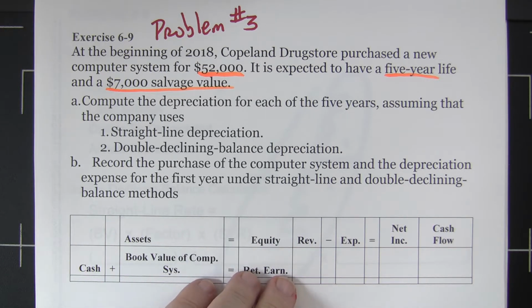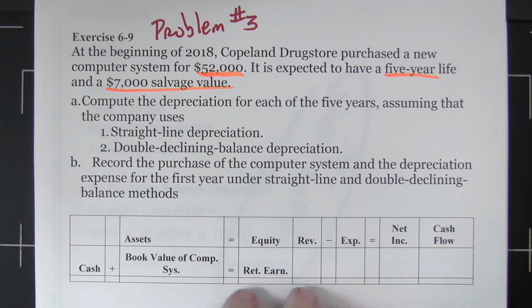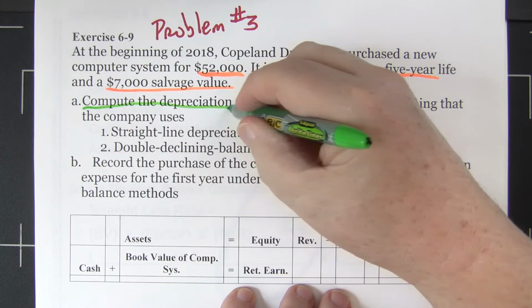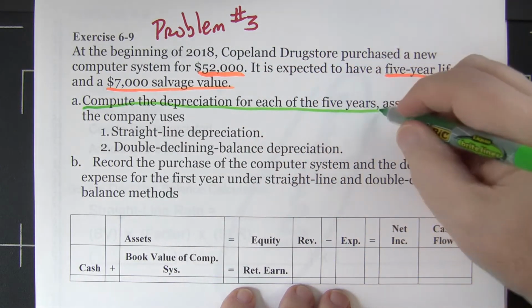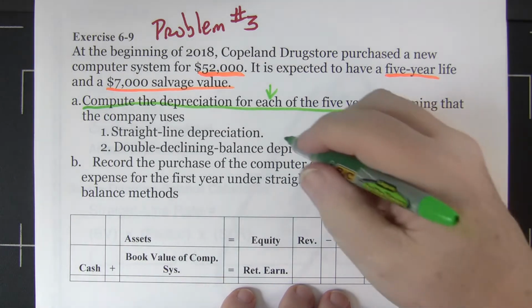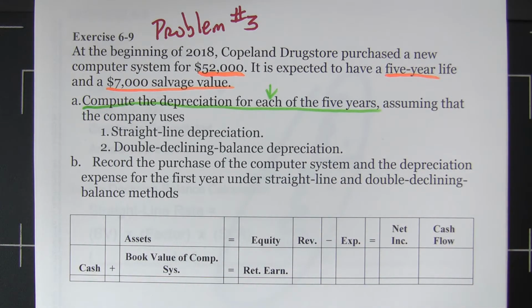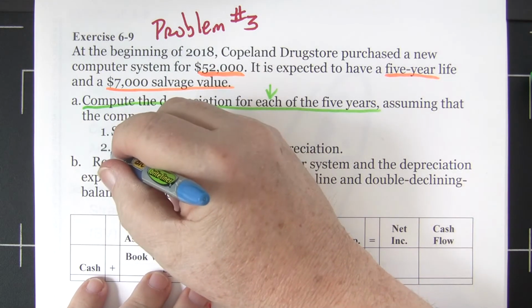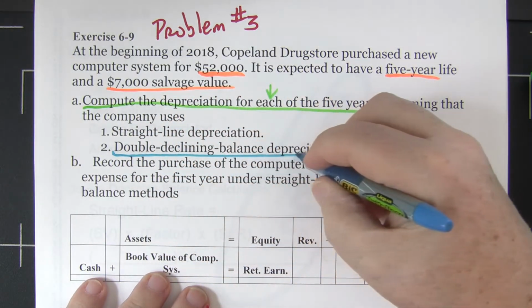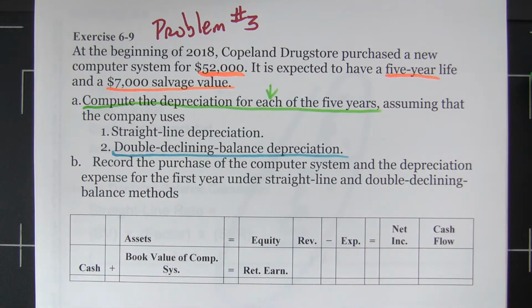The next thing it says is, okay, you have those facts. Compute the depreciation for each of the 5 years, assuming that the company uses either the double declining balance method or the straight line method.